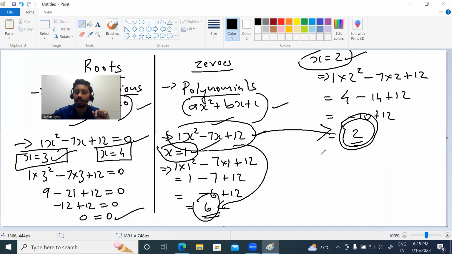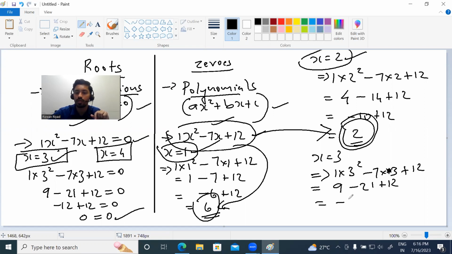Let's try x equal to 3. If you put x equal to 3, this polynomial becomes 1 into 3 square minus 7 into 3 plus 12. That means 3 square is 9. 9 minus 7 into 3, sorry, it's not 13, it's 3. 7 into 3 is 21, so 9 minus 21 is minus 12.